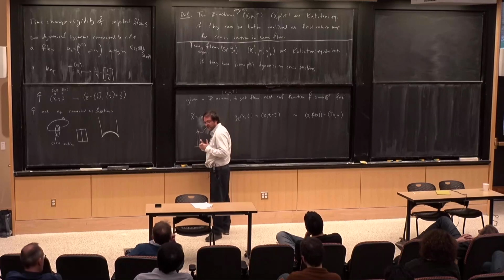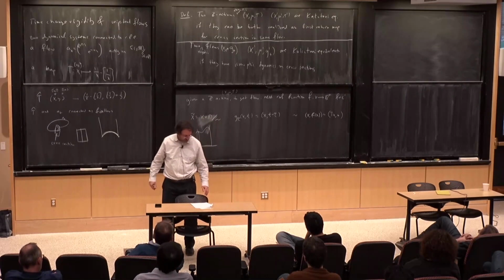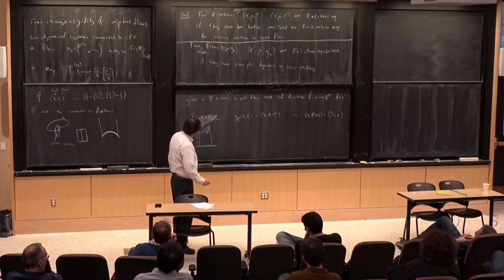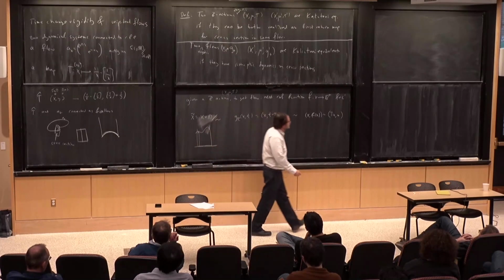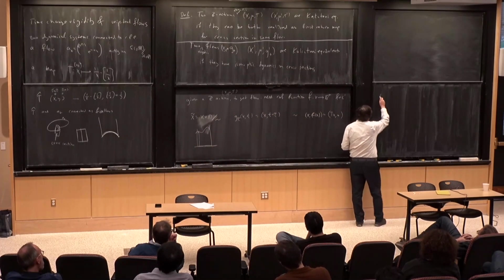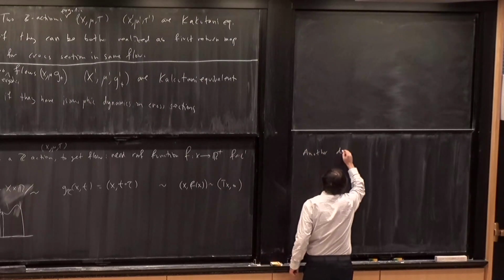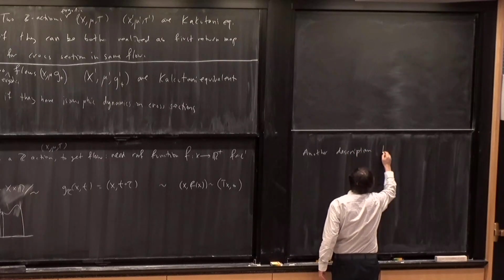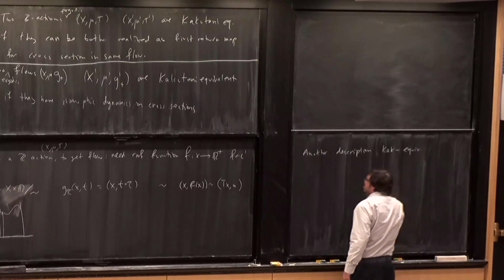There's another interpretation. Another equivalent way to describe Kakutani equivalence of flows. So I have these two flows.